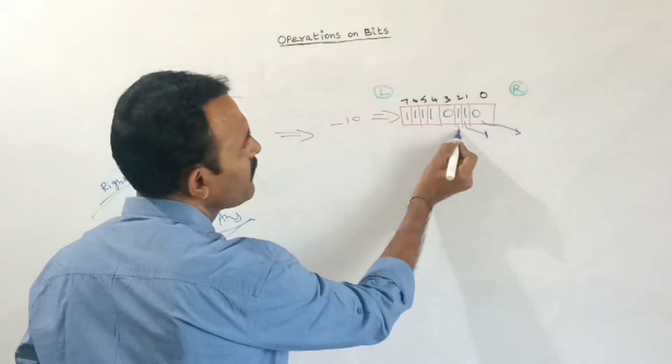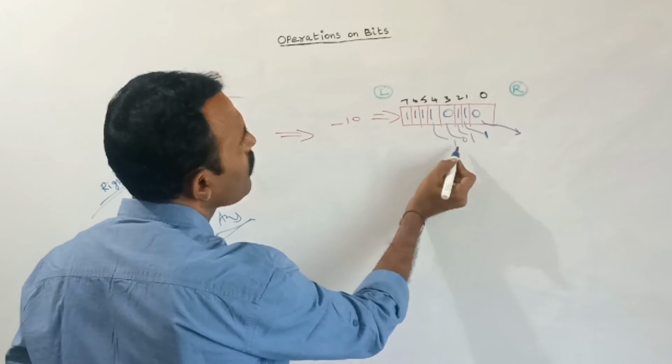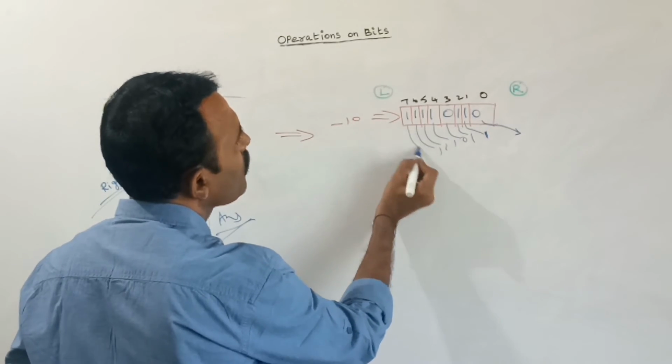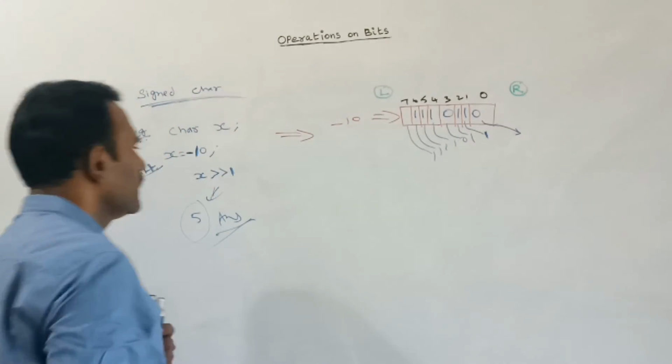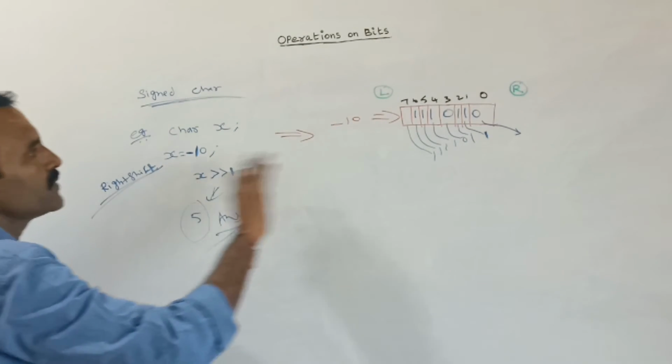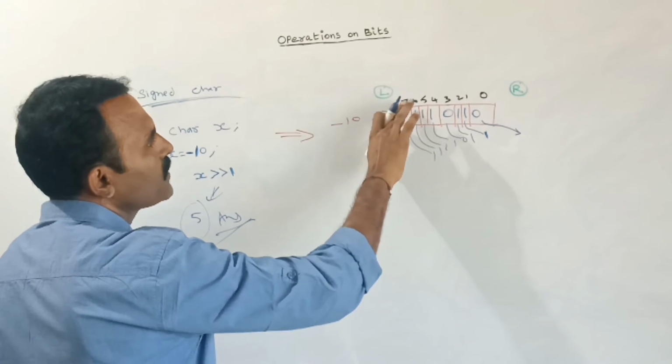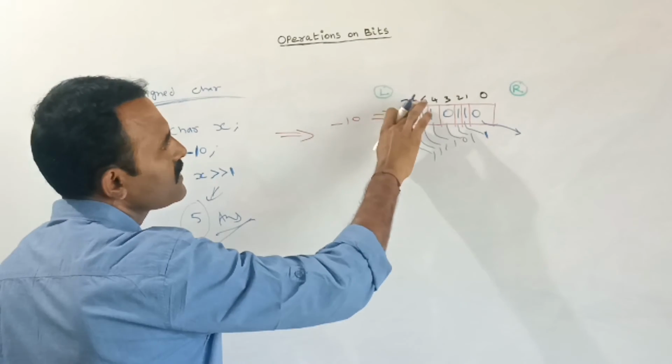In a similar way, see this one important thing. Here I am shifting 1 position, so the 7th position bit value moves to the 6th position.